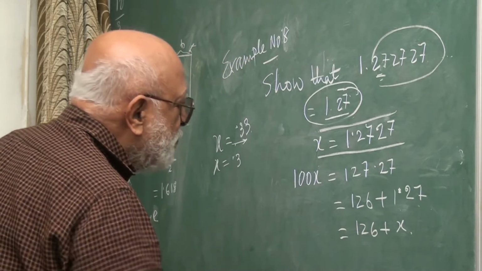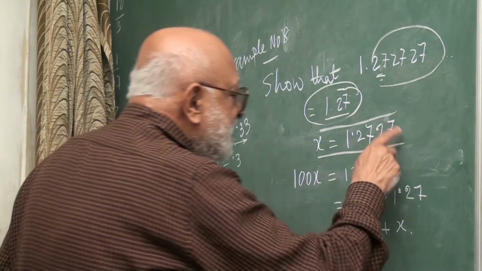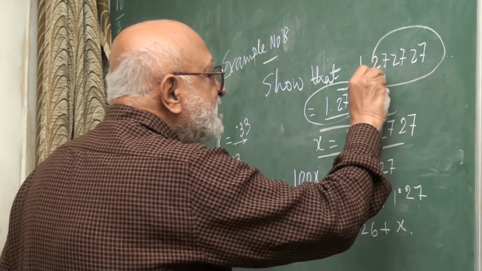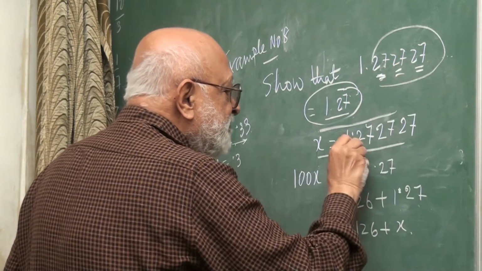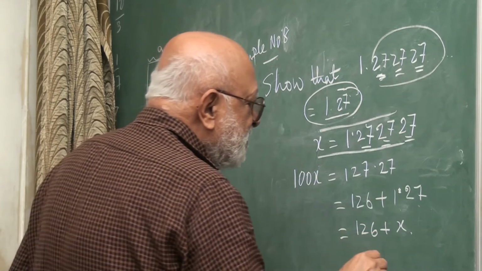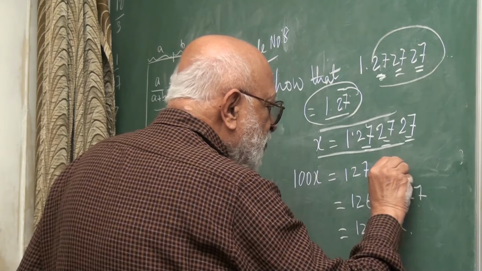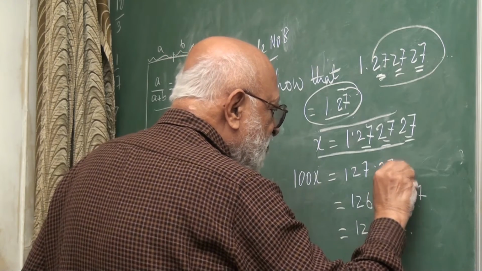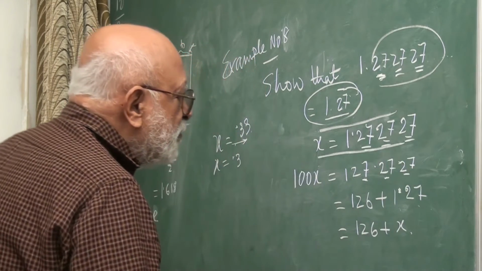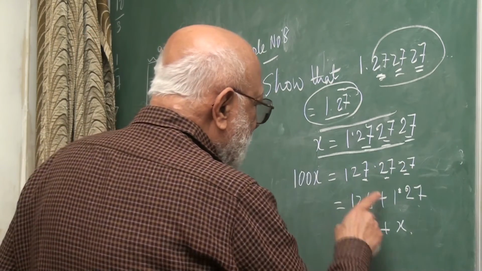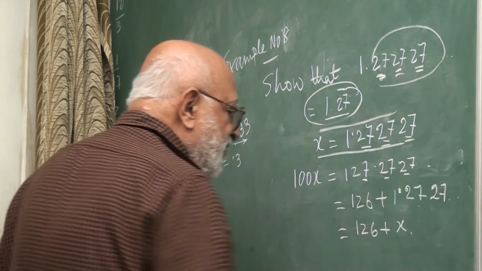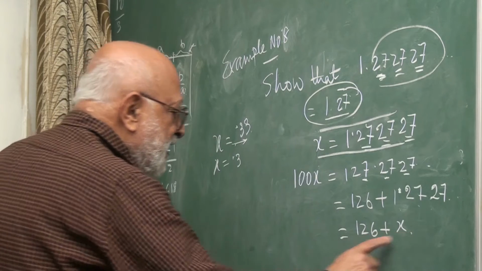Is that okay with you? Or since I can take another 27 here, because it says 127, 27, 3 times, let me also take it 3 times so that completeness is there. So it will be 1.2727. This is recurring, so no use of writing further. So I can take this one as x.